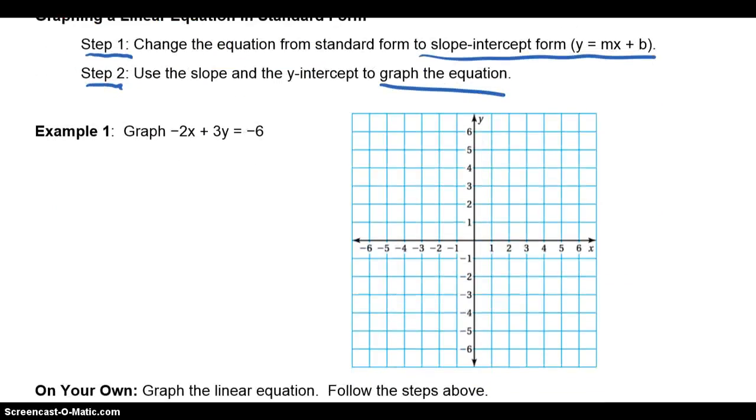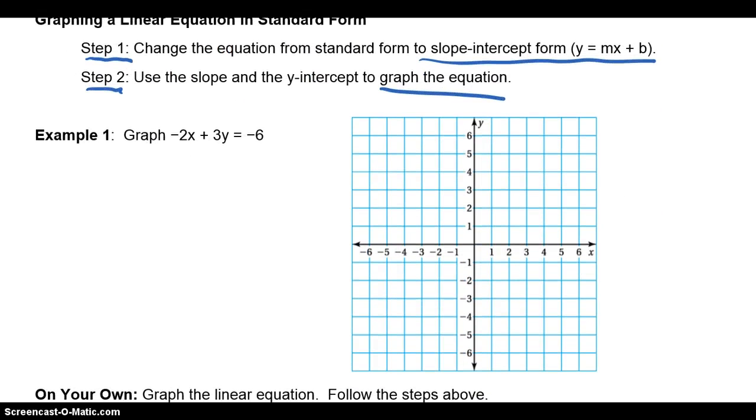So looking here at example 1, it says graph negative 2x plus 3y equals negative 6. So you can see it is not in y equals mx plus b form. So maybe above here, remind yourself y equals mx plus b. So what do you need to do? Well, here's the equal sign. We need to get y by itself. So how do we do that? We did this earlier in the year, and I'm not sure how much you remember.